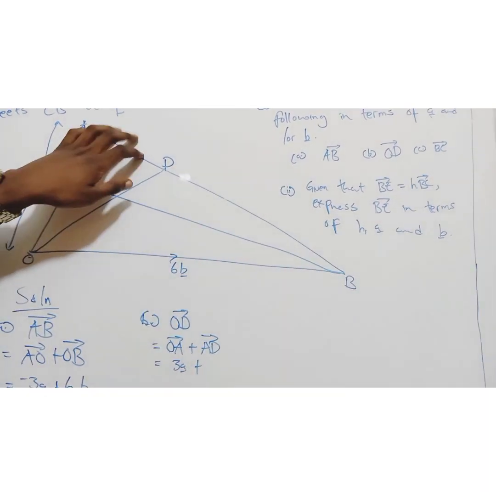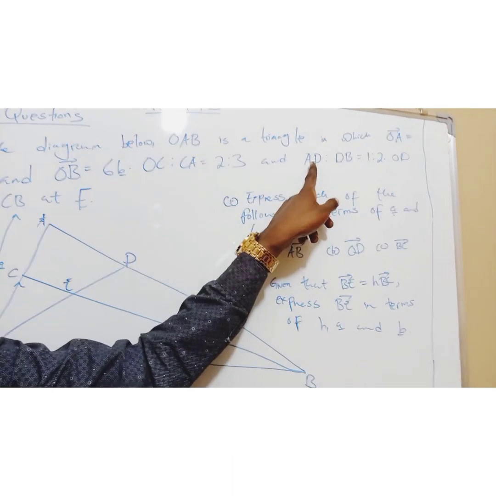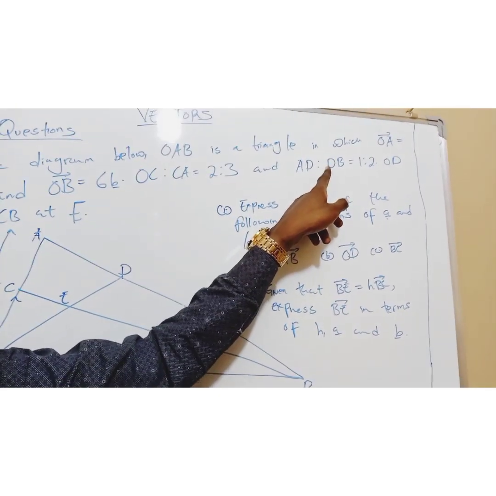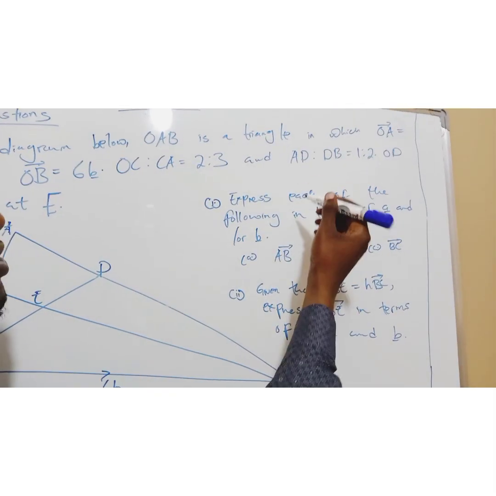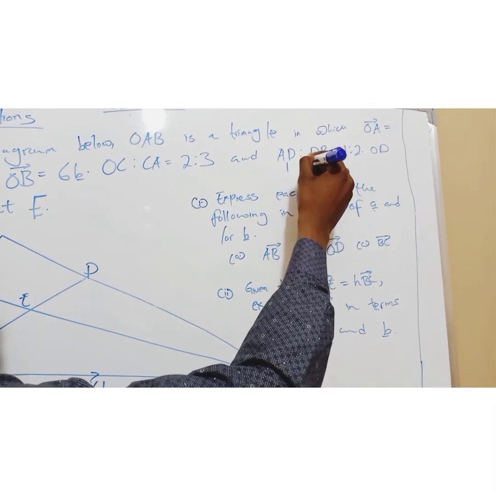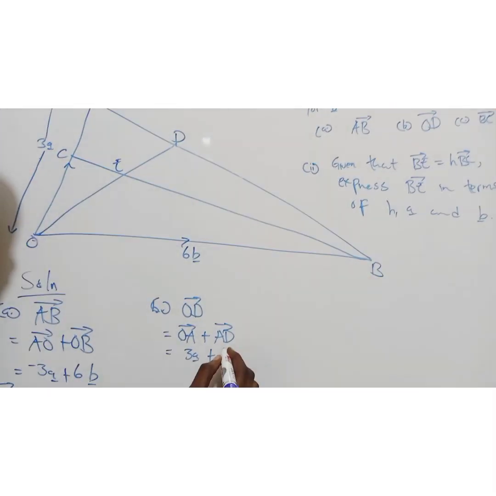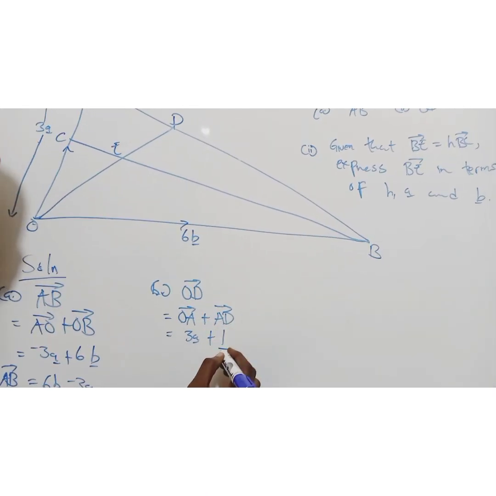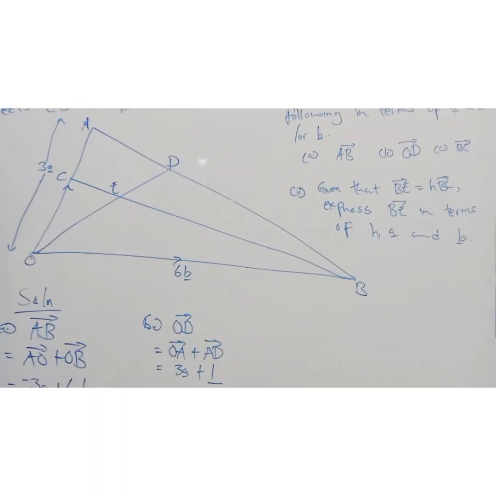We don't have AD here. But check here, come here. Look at this. We have AD to DB is equal to 1 to 2. So this means this is a ratio. So this is 1 and this is 2. So this is how you deal with ratios. So you're going to say 1, of course AD is 1, then you add 1 plus 2, 3.